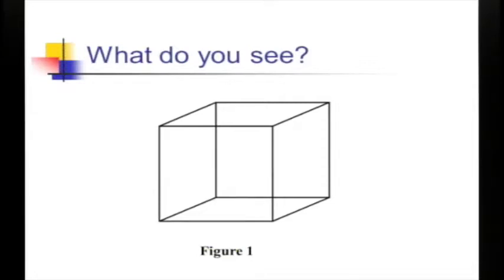As visual stimuli go, this is a very impoverished stimulus, and this is part of the reason why you can shift your attention and see it one way and then another way. Now, have we all established that we can see this as a box with one orientation and as a box with another orientation? You with me here?